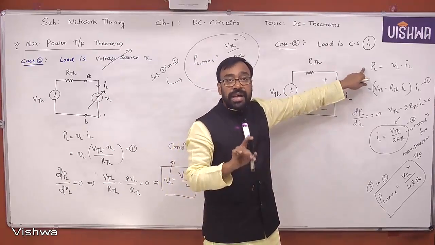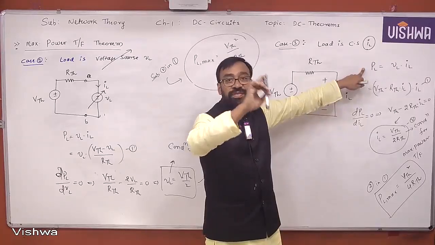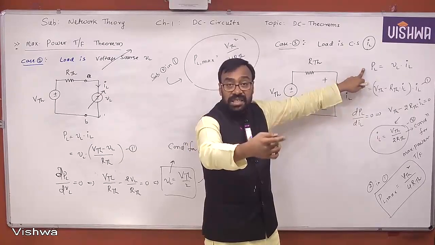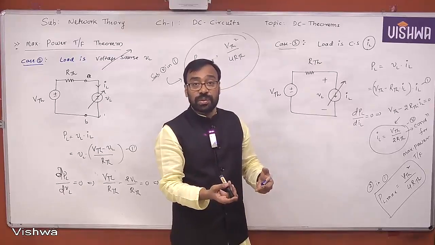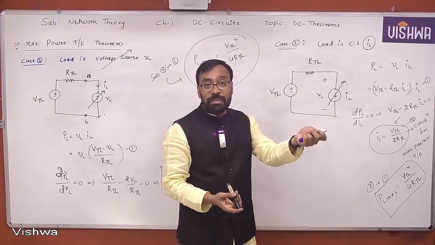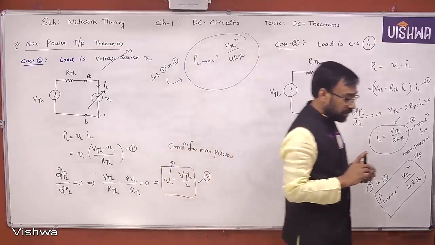Express power in terms of only one variable, differentiate that power and make it 0, then you get a condition. That is nothing but the condition for maximum power transfer. Substitute that in the power formula, you get the PL max value. That's it. Okay, please note this.